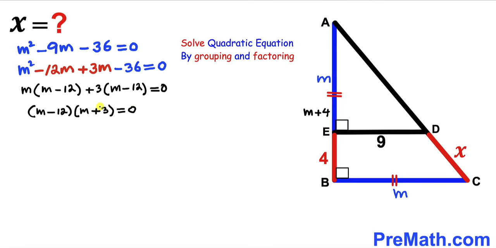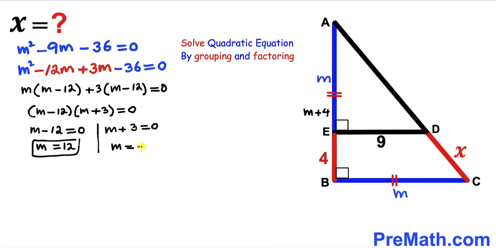We can see these two factors are equal to 0. If we separate them, we get m minus 12 equals 0, and the other factor m plus 3 equals 0 as well. For the first equation, our m value is positive 12, and for the second equation, our m value is negative 3.